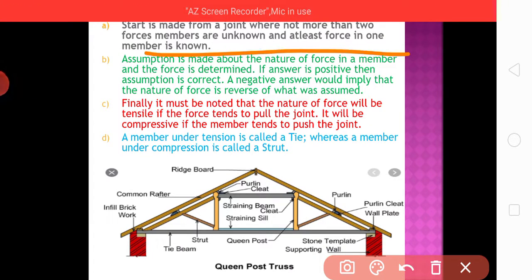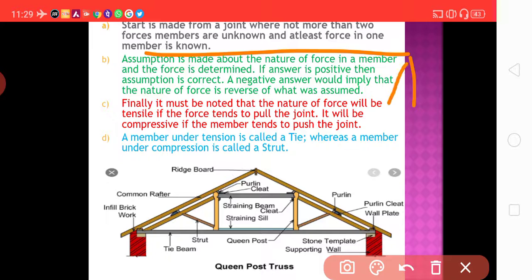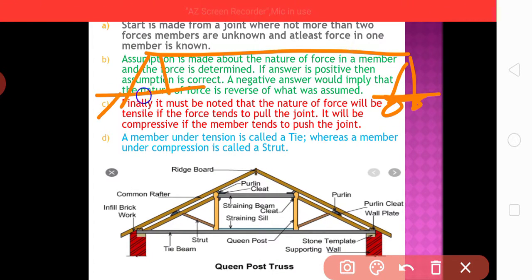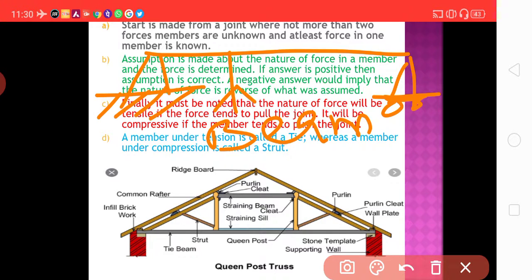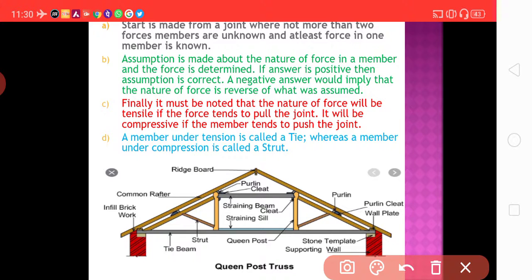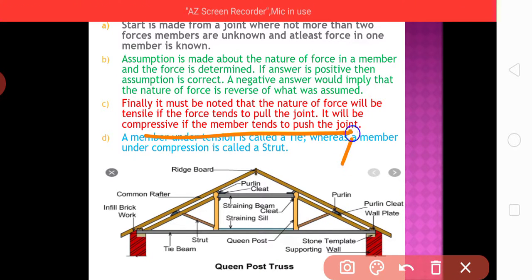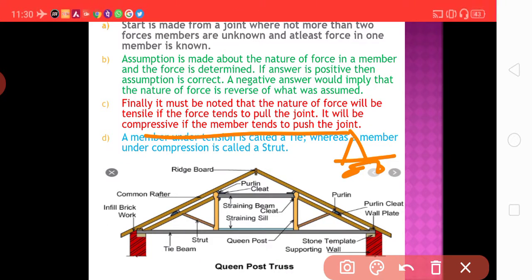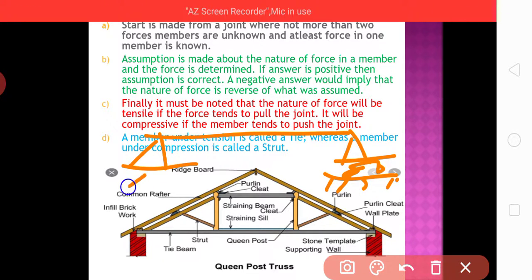A member horizontally supported at the ends is called a beam, since it is loaded across its length. Say again, this is the roller support, or this is the hinge support.